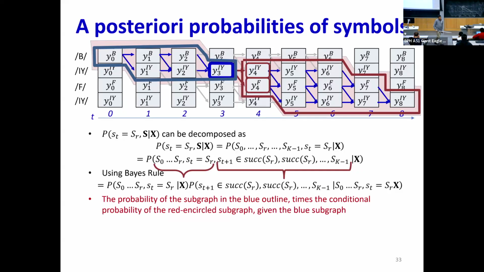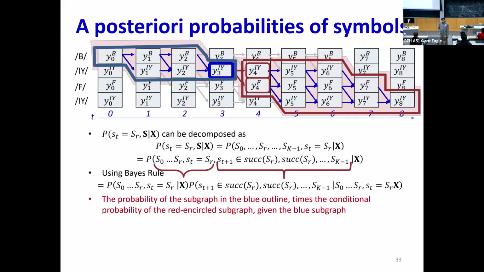So the total probability of the highlighted portion of the graph is the probability of aligning x0 to x3 to B, and the probability of aligning x4 to x8 to E given that x0 to x3 was aligned to B. That's the only way you can construct the complete alignment.